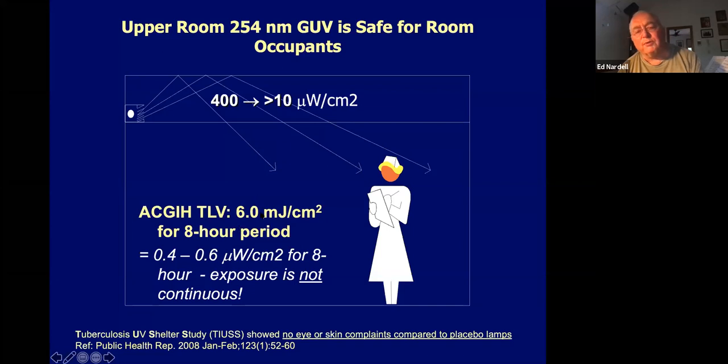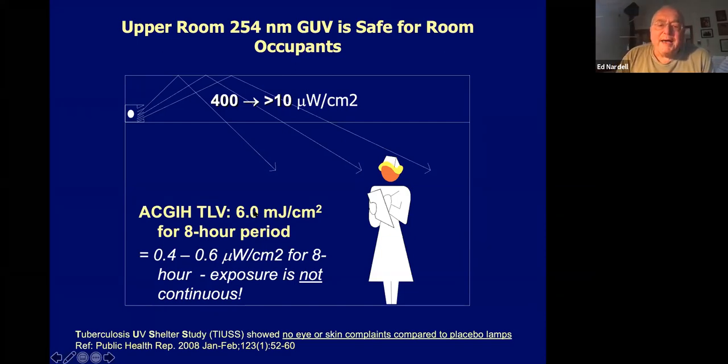There are no long-term effects of UV exposure because of repair and the fact that your skin is continually shedding, as well as on the cornea of your eyes. So the only exposure to room occupants is what comes bouncing off the ceiling, which isn't very much. We have to stay within this lower limit to stay within this threshold limit value.